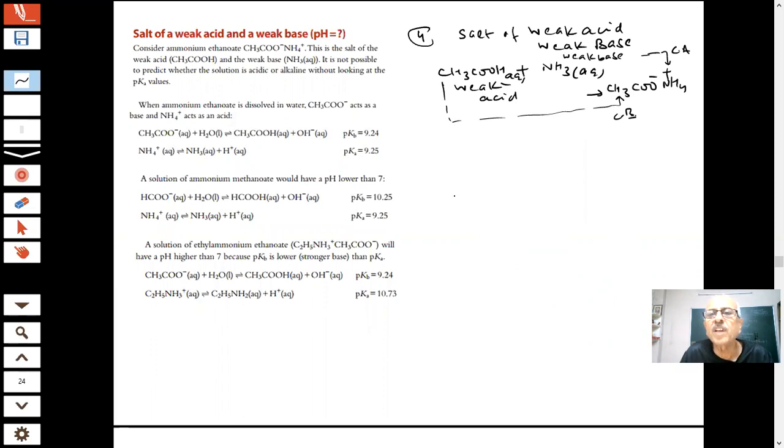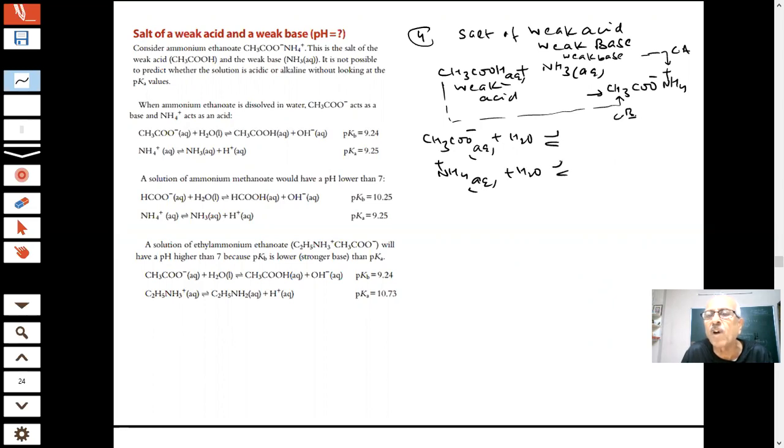Now the question is, you have hydrolysis of two things now. This is going to be hydrolyzed with water. And on hydrolysis, what will it form? This will also be hydrolyzed. Both will be hydrolyzed.